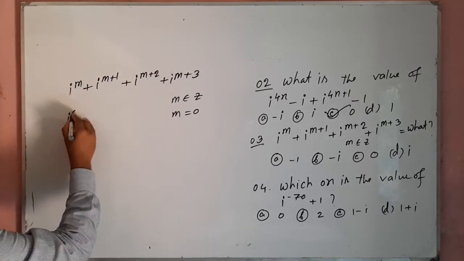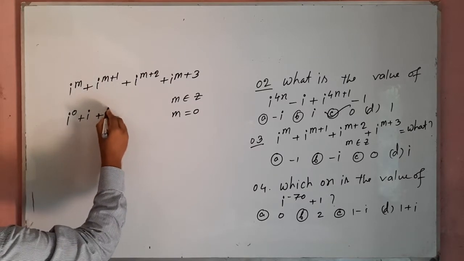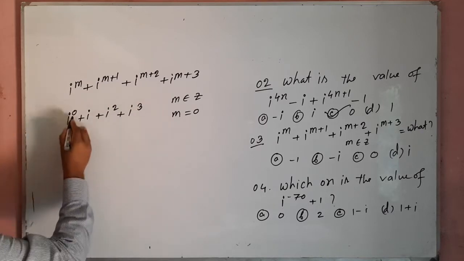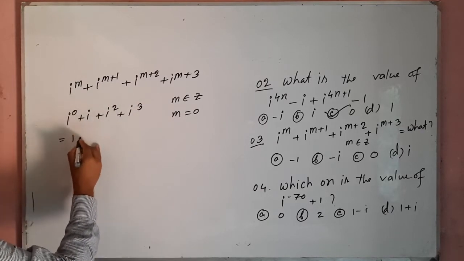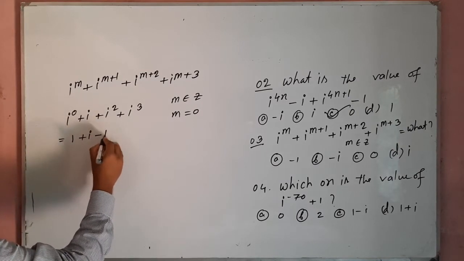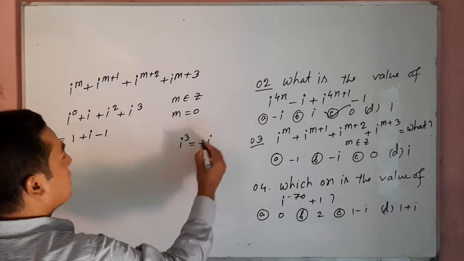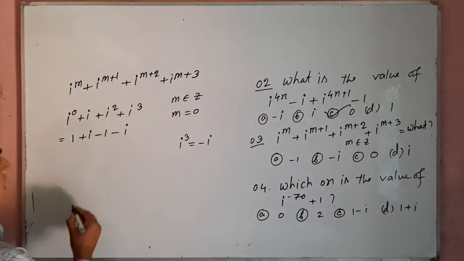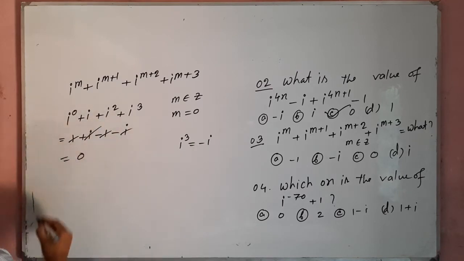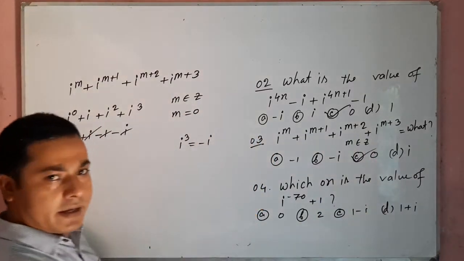Okay, i to the power 0 plus i plus i squared plus i cubed. i to the power 0 means 1, and i squared is equal to minus 1, i cubed is equal to minus i. Okay, then it is equal to 0. So option C is our right answer.